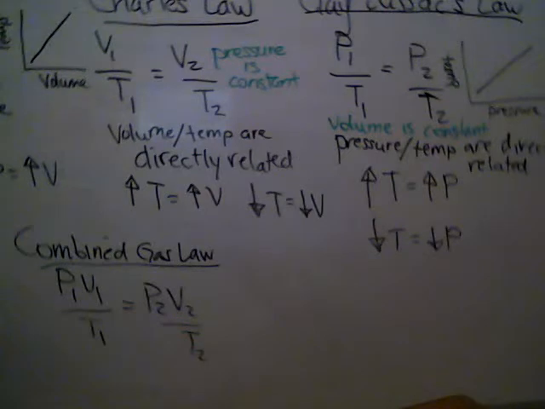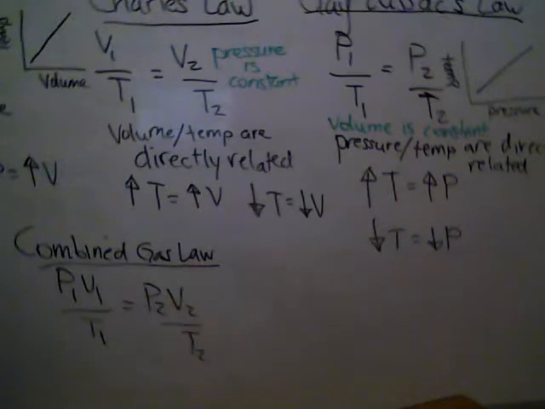So let's say, two examples of how we would actually take a word problem and use the combined gas law, or use any of the laws for that matter. So let me write out an example.